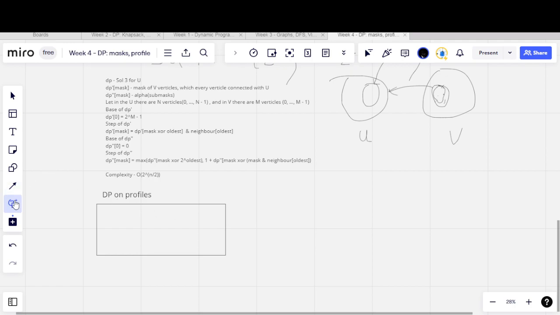I mean, if you have dominoes, you just fill your board with them, and you want to find the number of ways to do it. There is a formula for any table, but try to use the broken profiles on this task because it's very simple.